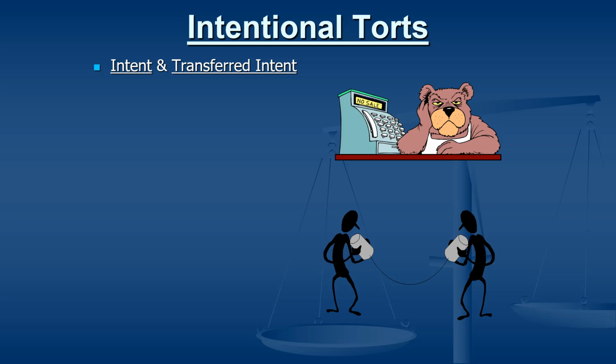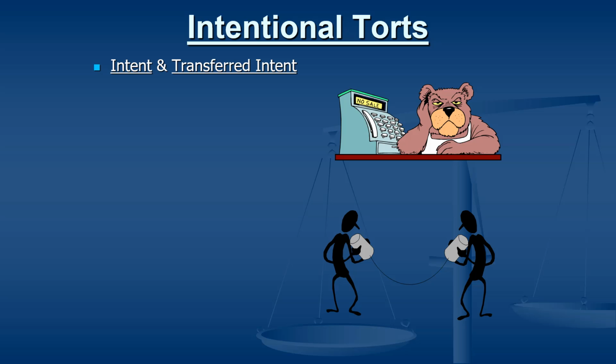Just like it says, an intentional tort is a tort that is intentionally committed. You intended to do it. And going along with that is this concept of transferred intent, which basically says that even if I intend to harm one individual but inadvertently end up harming a different person, I can still be liable to that different person, that second victim, for an intentional tort.